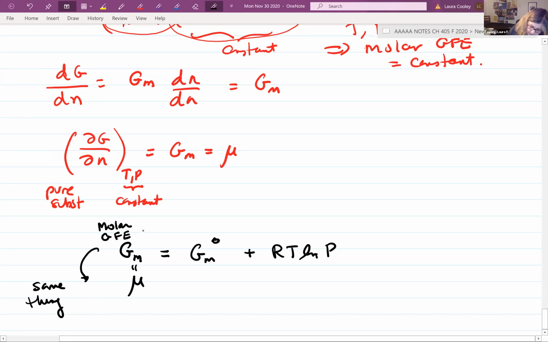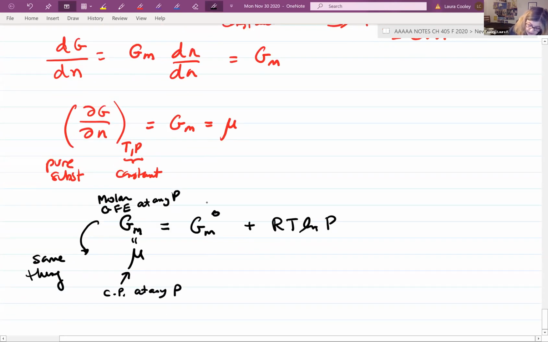This is the molar Gibbs free energy at any pressure. Same here. This is the chemical potential at any pressure. These things are equal. This is the standard molar Gibbs free energy at 1 bar. This is the chemical potential of pure substance at 1 bar, which is the same thing as a standard molar Gibbs free energy.